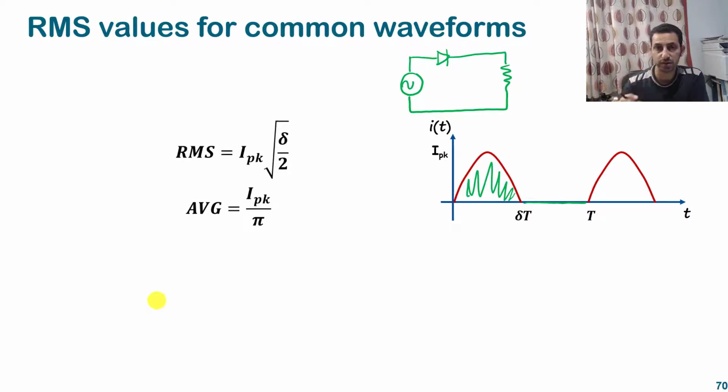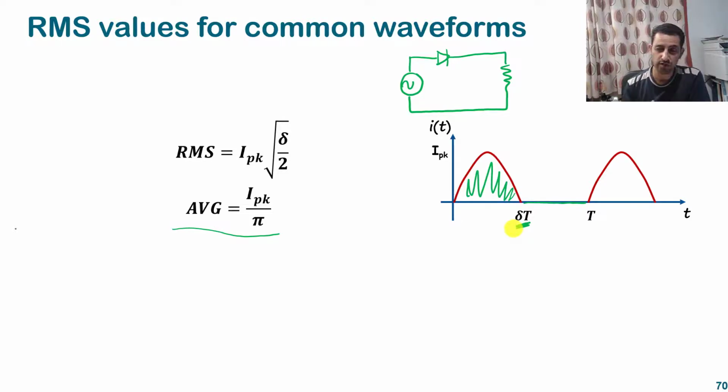Because there is no symmetry between the positive and negative sides, it has a new average value, which is I peak divided by pi, and the RMS value will be I peak multiplied by square root of delta, which is the duty cycle, divided by 2, and here is delta T. That means if I have another signal which is a little bit wider or narrower, you can really calculate that without any pen.